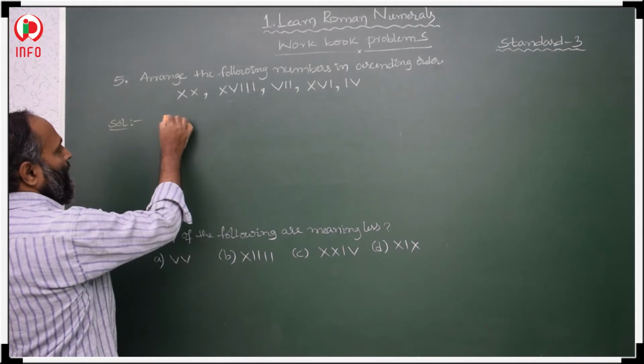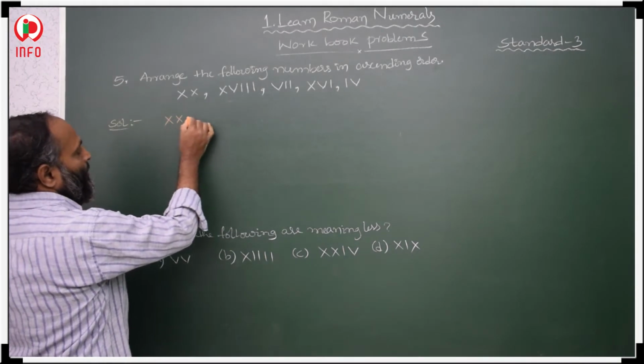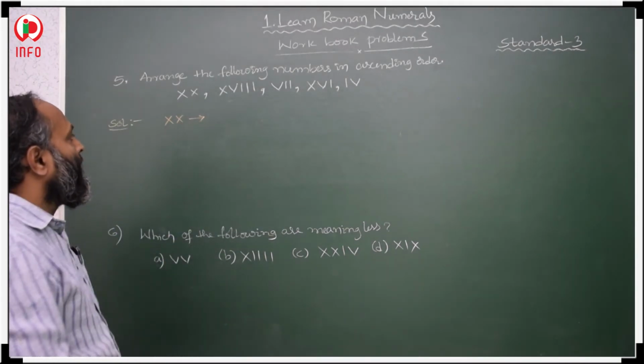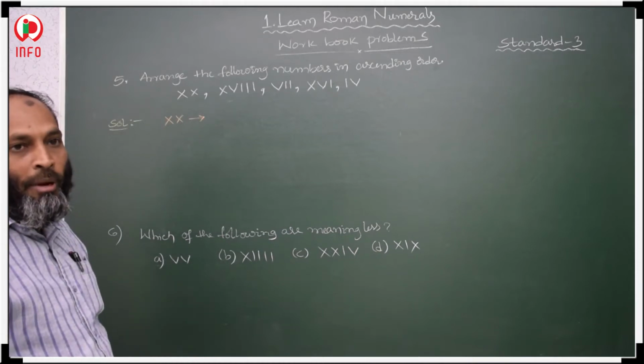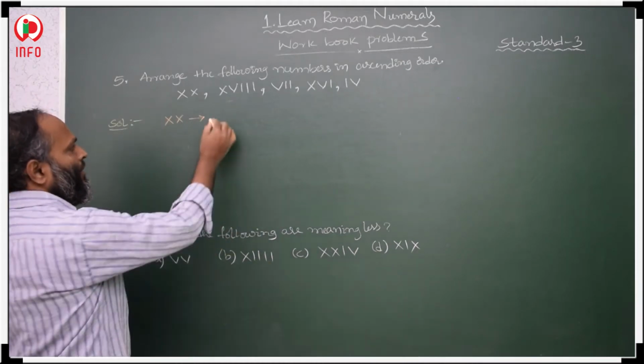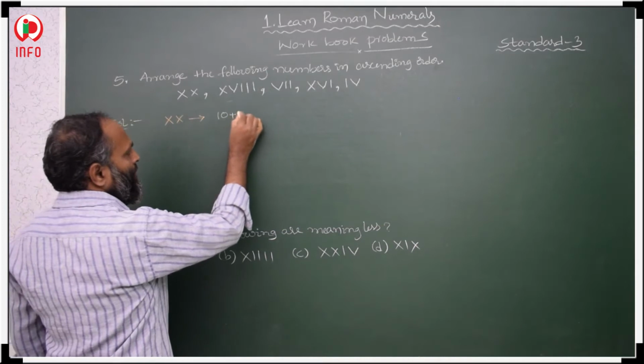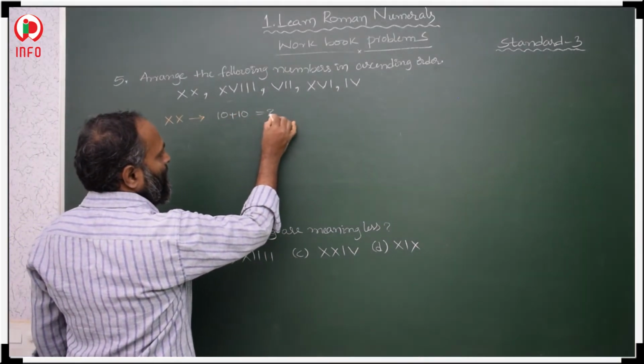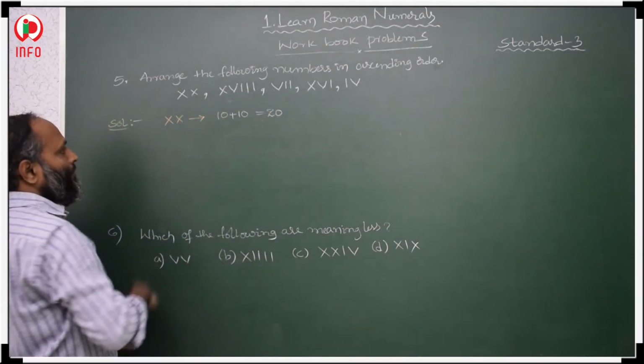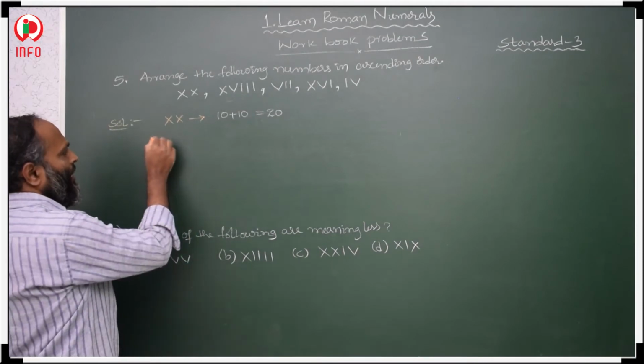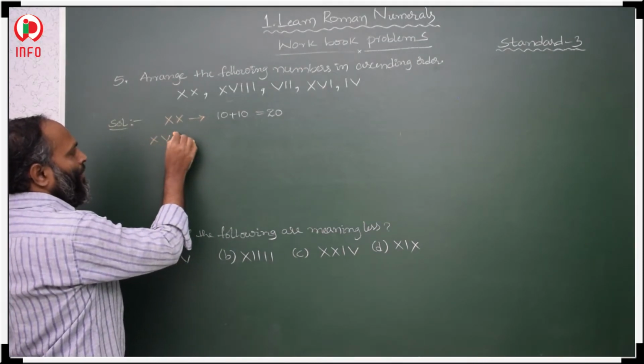First we have to take XX. What is meant by XX? Here the Roman numeral is repeated, and repeated Roman numeral means addition. X means 10 plus 10, that is 20. Then the next one, XVIII.